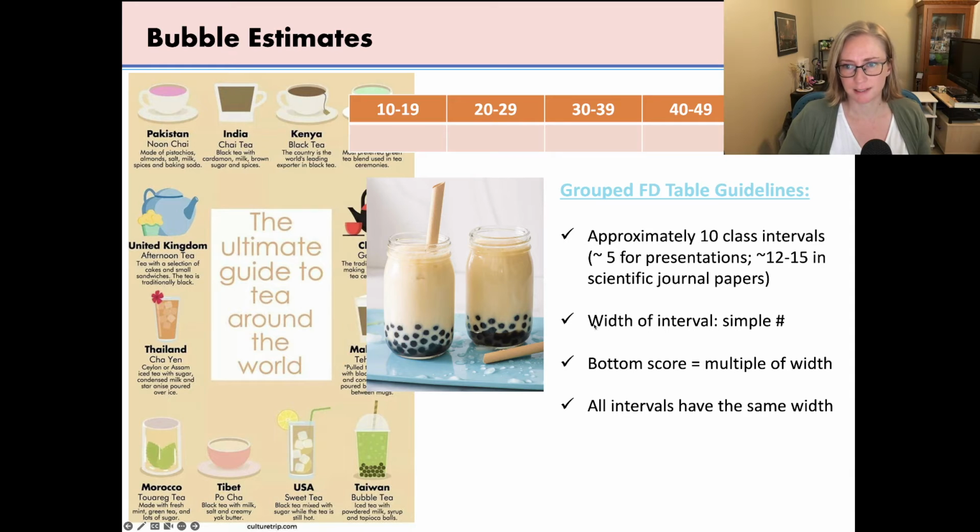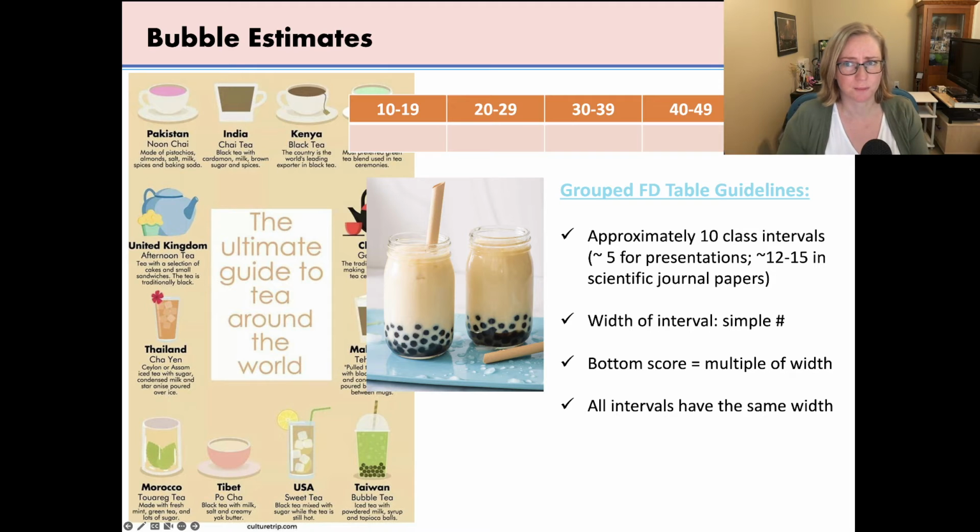A second piece of guideline, other than how many class intervals we select, is the width of the interval, right? You want it to be equal, so all intervals have the same width, but you also want it to be a simple number, right? So here it's basically every 10, except for this last one here.